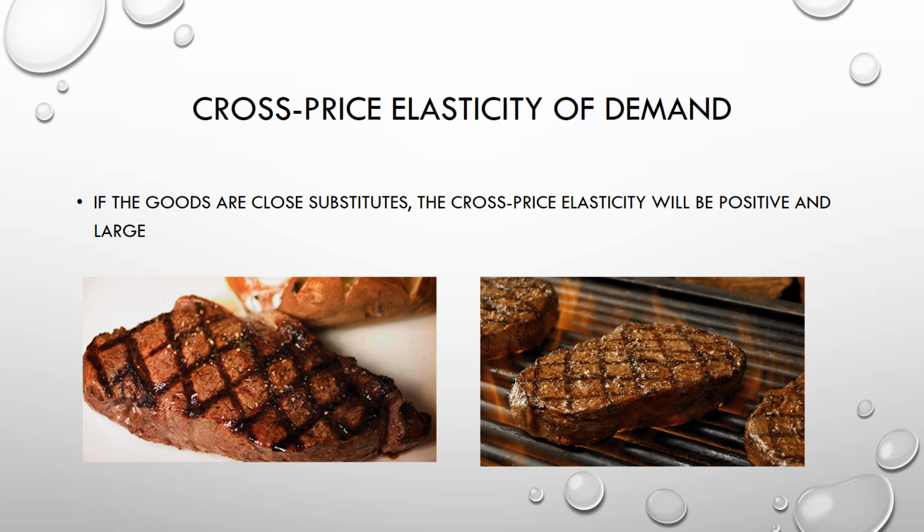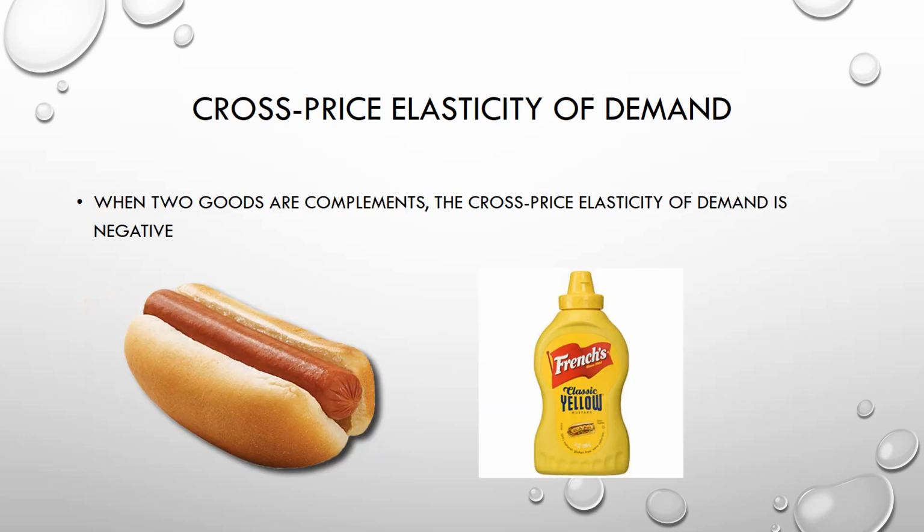So there will be a very large cross-price elasticity. For instance, the price of New York strip goes up 10%, and the demand for ribeye might change by 50%. So we'd have 50% over 10% equals 5. It'll be a large number compared to 1, obviously, and that shows us that these goods are close substitutes.